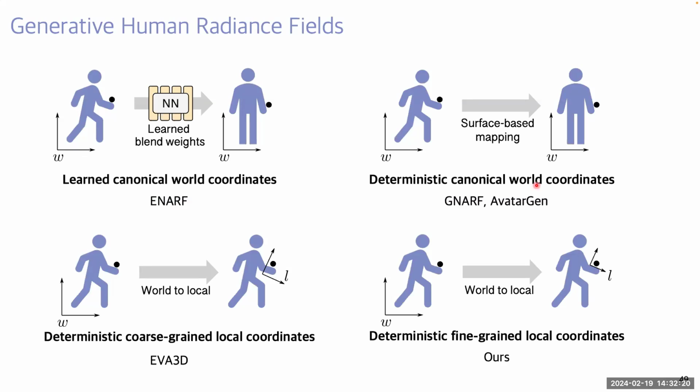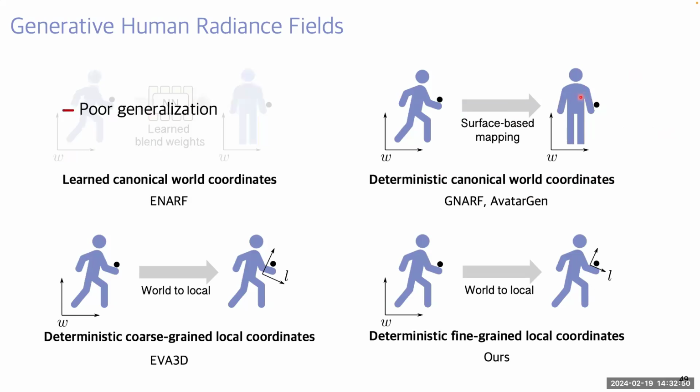And here is my take on the differences of these algorithms. For example, the very first ENARF work learns blend weights to map from the world space to a canonical space. And actually this does not generalize very well. Then other methods like GNARF and AvatarGen use a deterministic mapping from the world space to the canonical space.